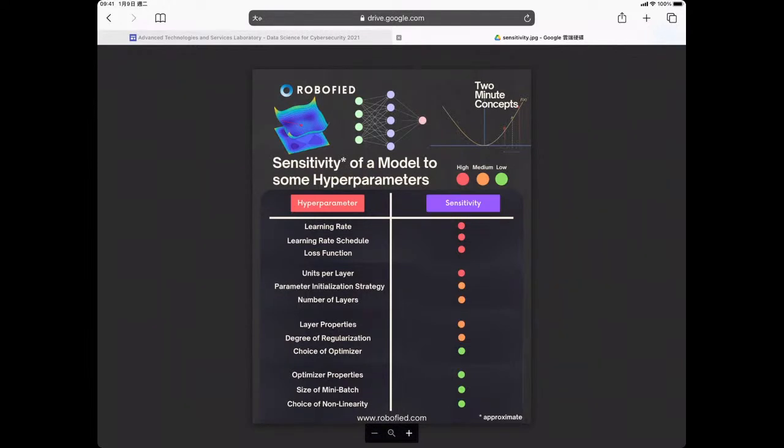So the learning rate here is the initial learning rate. If your initial learning rate is too large, that means you can explore your loss function surface, but it might not be able to find the lowest loss function value. That's because your learning rate is too large.